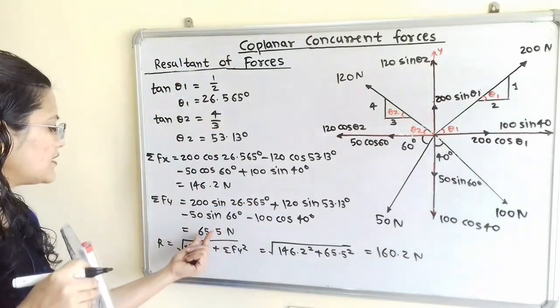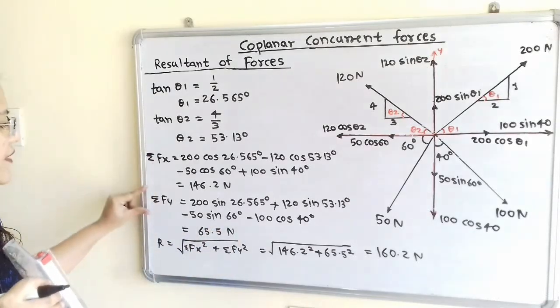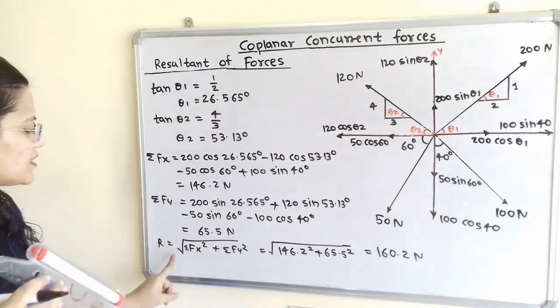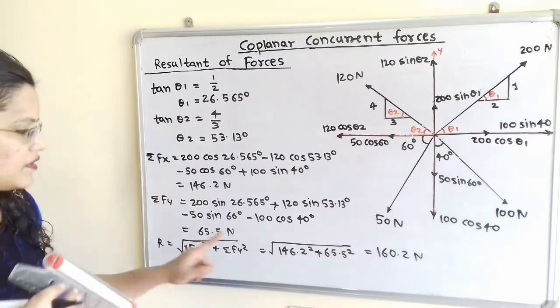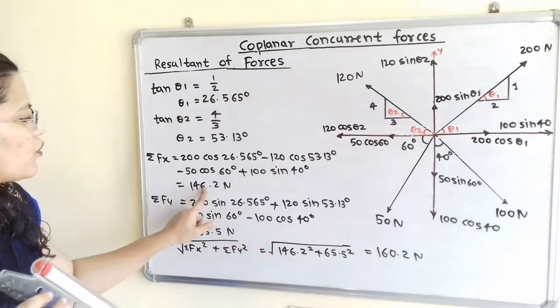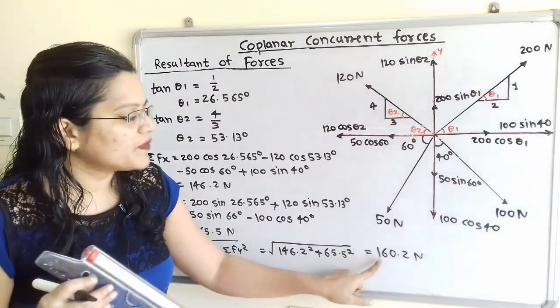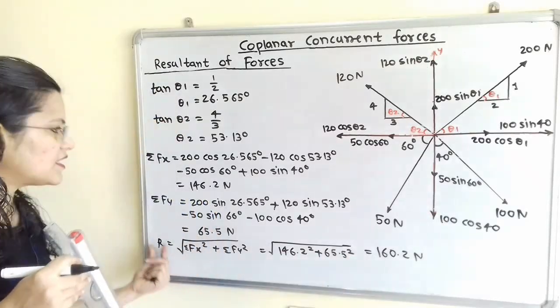When we solve this, we get 65.5 Newton. Now how to find the resultant? Resultant is equal to the square root of summation of Fx squared plus summation of Fy squared, which is the square root of 146.2 squared plus 65.5 squared, equal to 160.2 Newton. This is the magnitude of the resultant R.